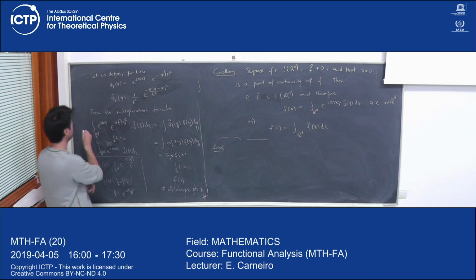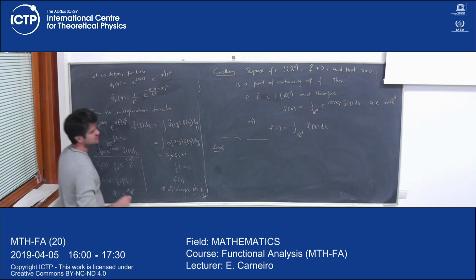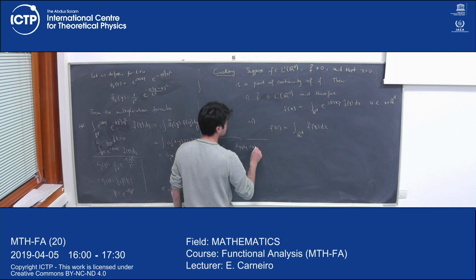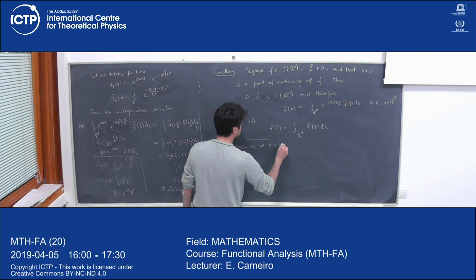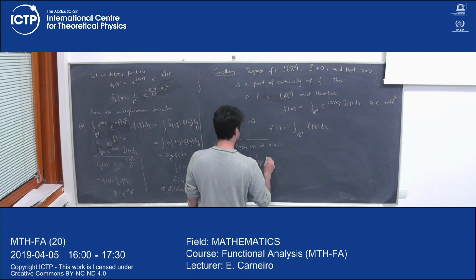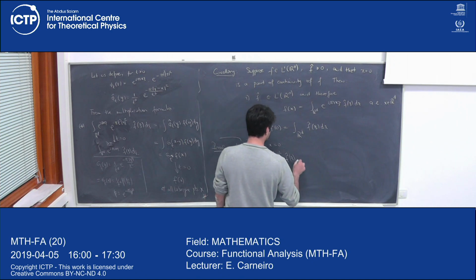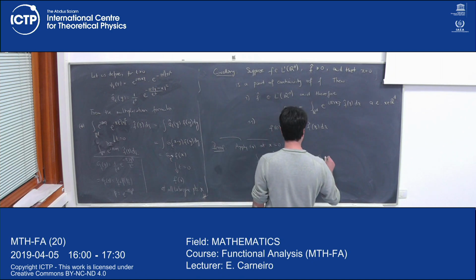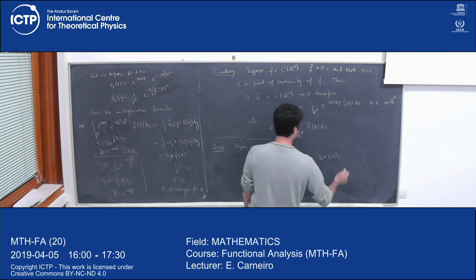Let's call this star. So you just apply star at x equal to 0. And then you would get the integral over R^d of e to the minus pi t squared, xi squared, f hat of xi, which would be just g_t convolved with f at 0.